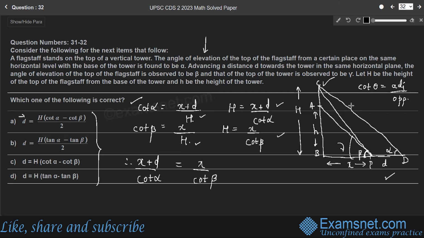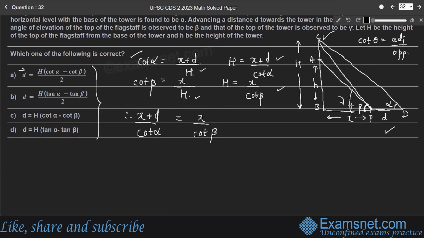So in the given 4 options, we have d. We have to express d in terms of cot and tan, cot or tan, right? So here we'll take d now. For that, we just cross multiply that x cot beta, right, plus d cot beta is equal to x cot alpha. We need d here.